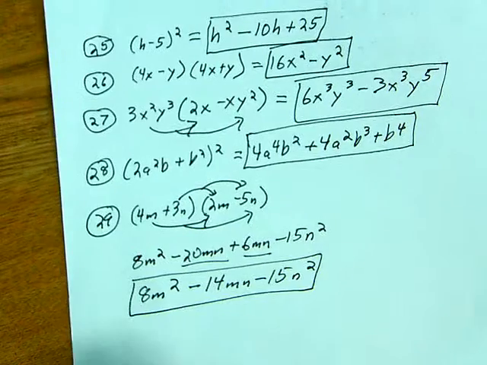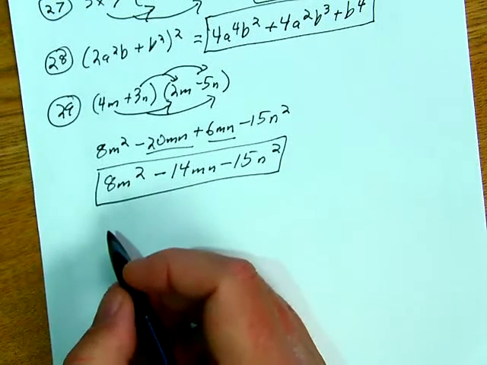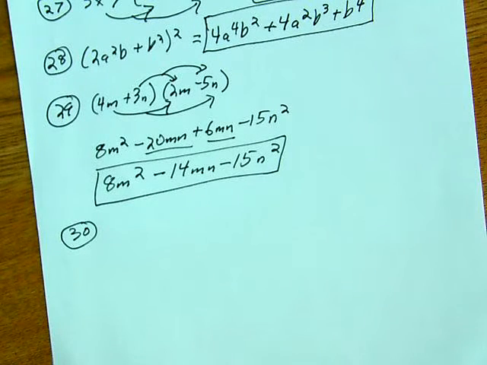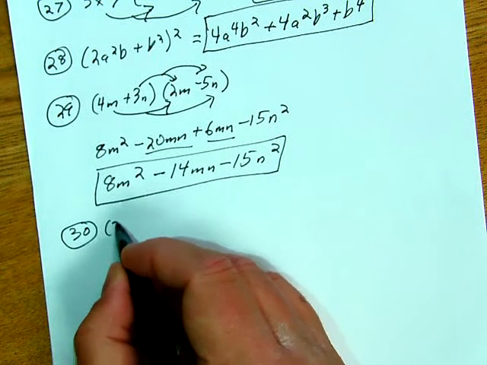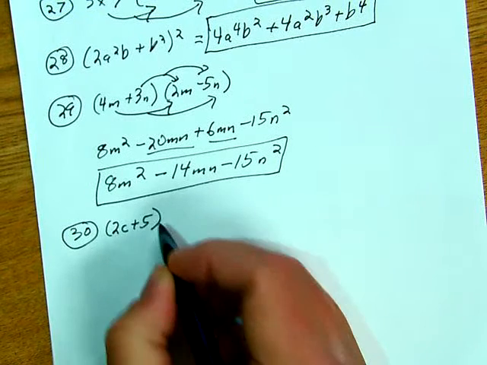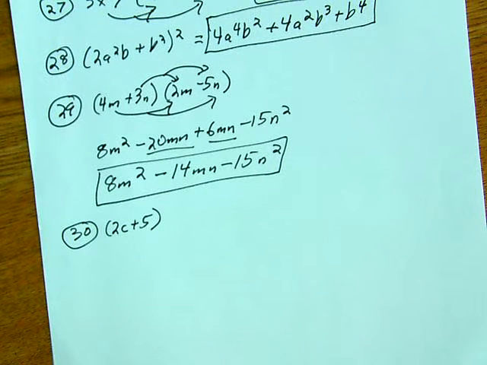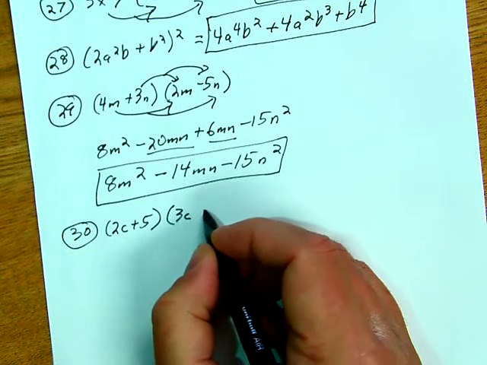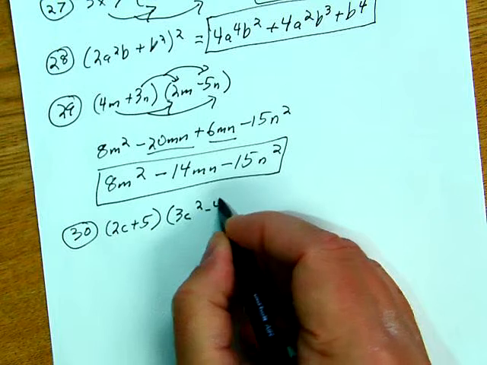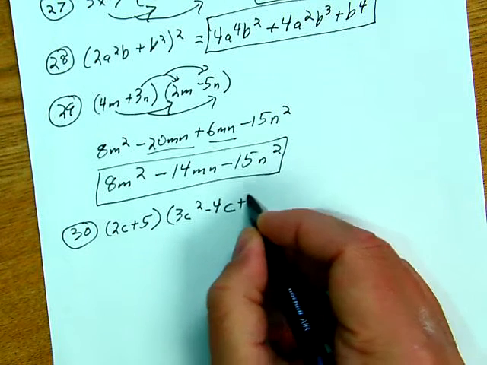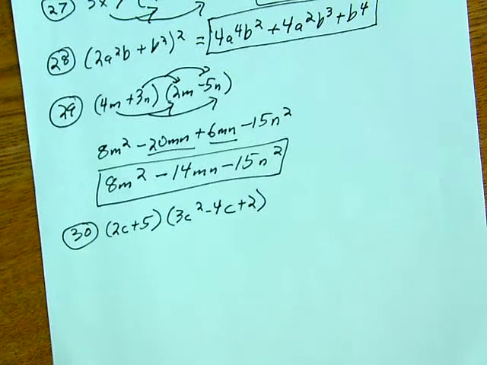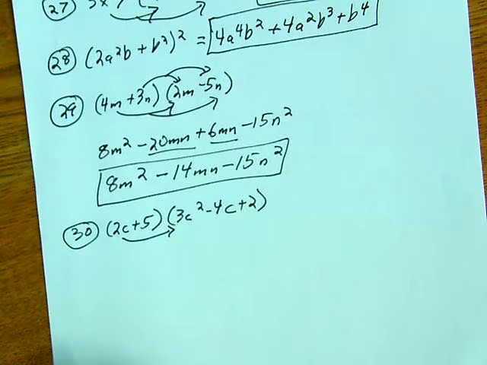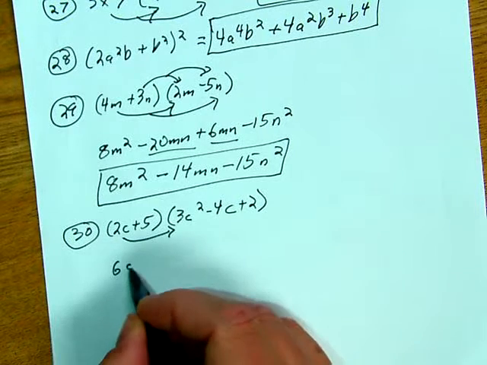Okay. 30. (2c plus 5) times (3c squared minus 4c plus 2). Okay, binomial times a trinomial. Use the arrows again. First arrow gives us 2c times that is 6c to the third.